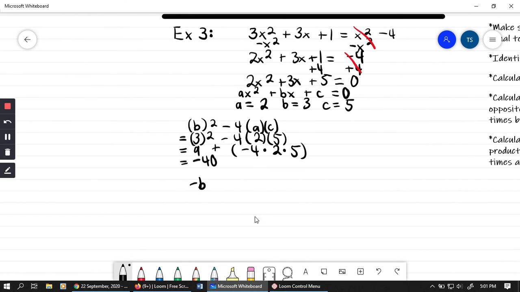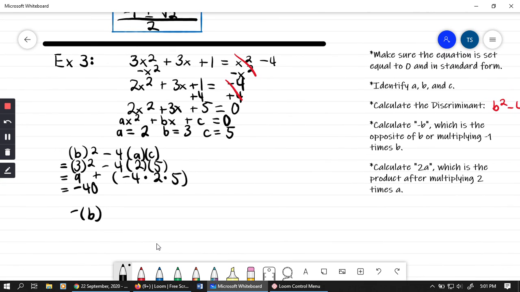So the opposite of b, that is us taking the opposite sign of b, or in other words, multiplying negative 1 times 3, which is negative 3.